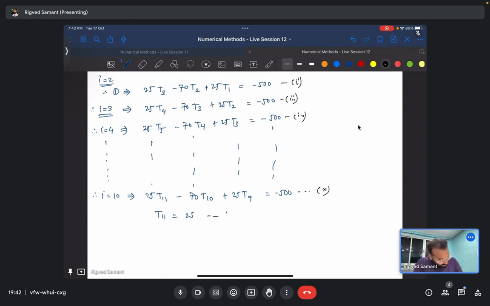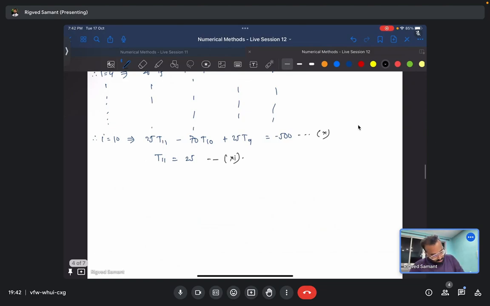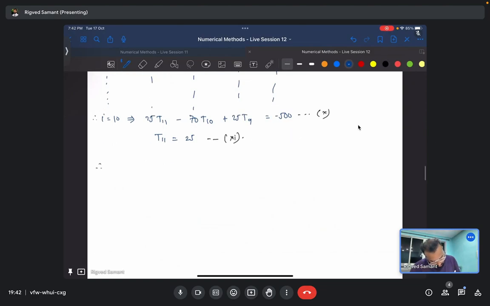This is equation 11. So therefore for your equation, you just have to write the coefficients here.